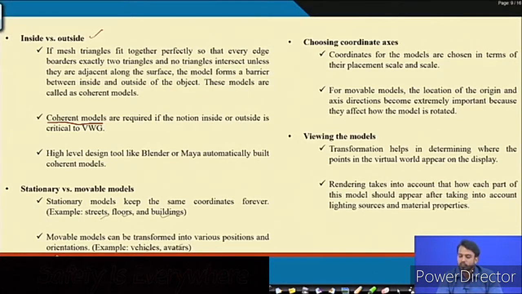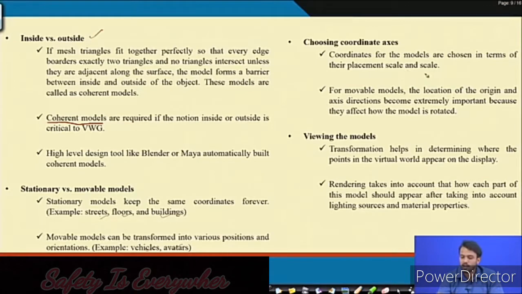Similarly, there is the choosing of coordinate axes. Coordinate axes for the models are chosen in terms of their placement and scaling. For movable models, the location of the origin and axis direction become extremely important because they affect how the model is rotated.